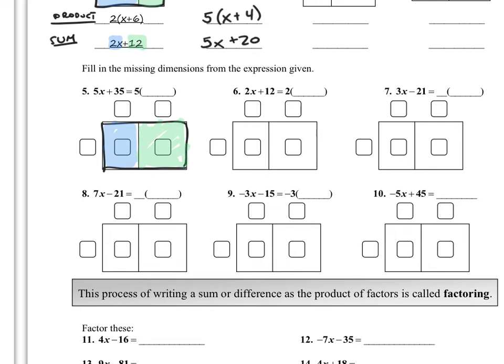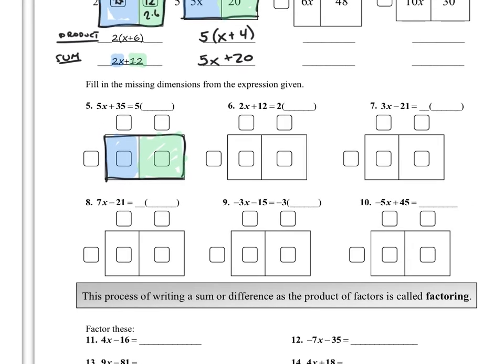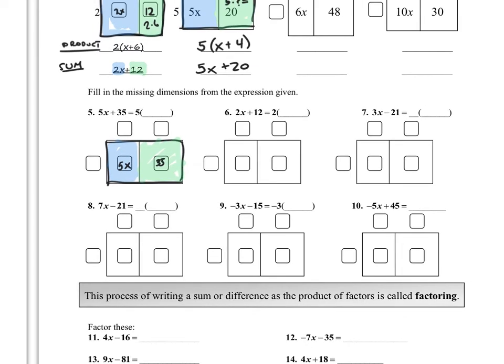Up top we have 5x plus 35, and this expression is the sum expression. So this 5x plus 35 represents the entire compound area. I'm going to guess that there's a 5x on the left here and a 35 on the right here. And that's why I have the area as a sum right here, 5x plus 35.